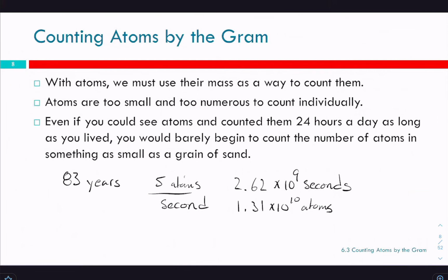In 1 gram of carbon, so like if you had 1 gram of pencil lead, there would be, let me do it this way actually. If in 12 grams, so if you had 12 grams of pencil lead, that would be 6.022 times 10 to the 23 atoms.